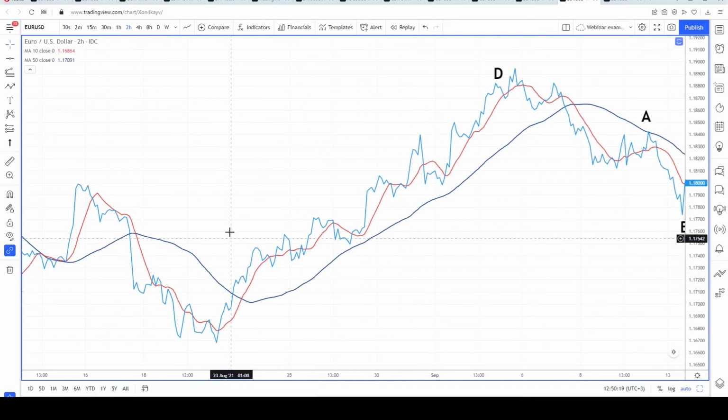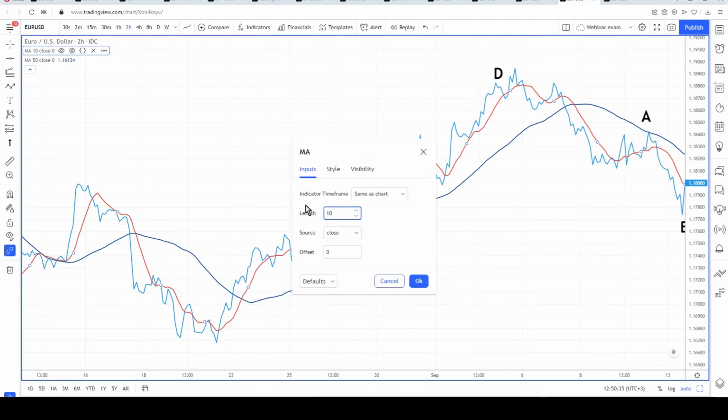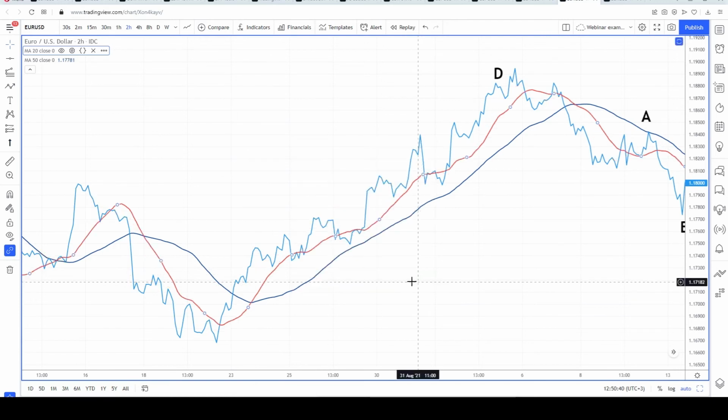As you can see here, the market has reversed quite recently, as basically highlighted by the 10-period moving average moving above the 50-period. And just to demonstrate, the different values don't make a huge difference here, whether it's 10 or 20.